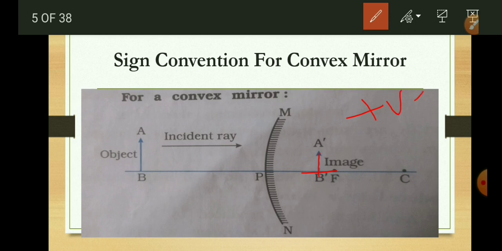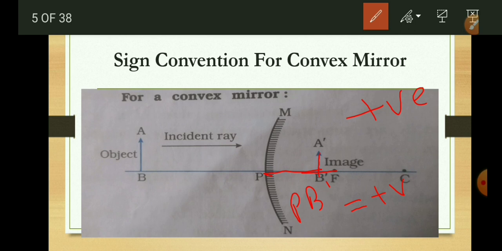We denote image distance here: PB dash is the image distance, and it will be plus v, because it lies behind the mirror towards the right side.